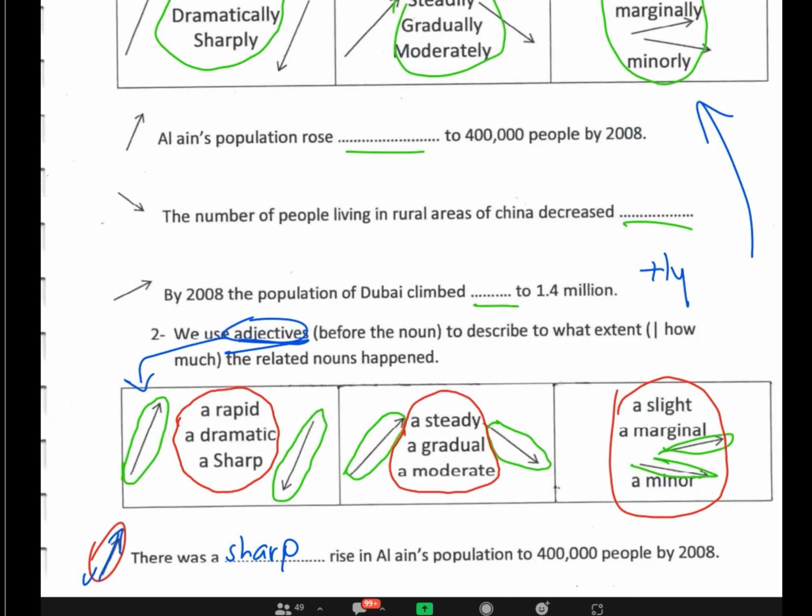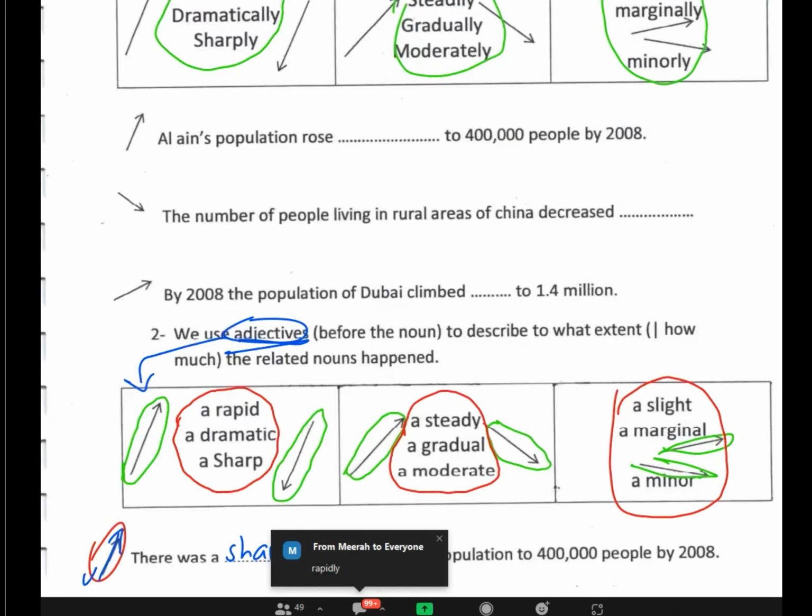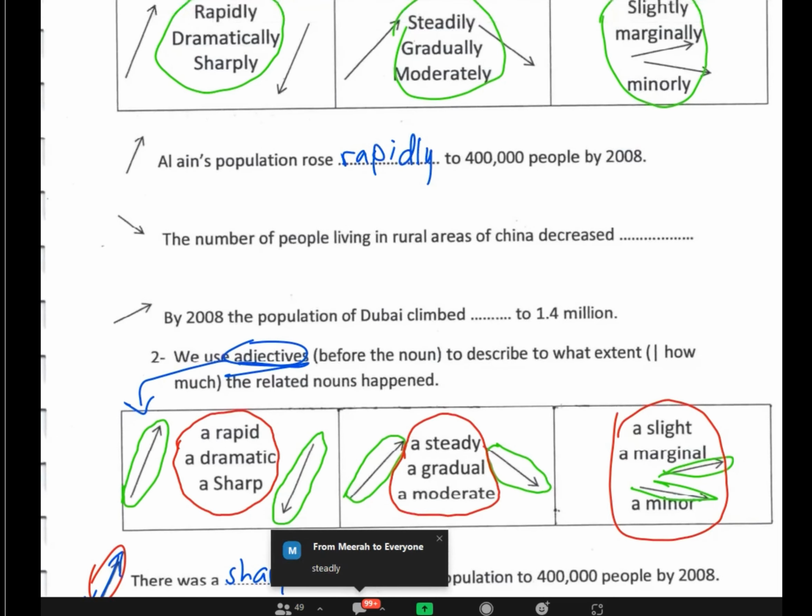Okay, the first one. Rapidly. Or dramatically. The second one. Steadily. Or gradually. And the last one, slightly or minorly.